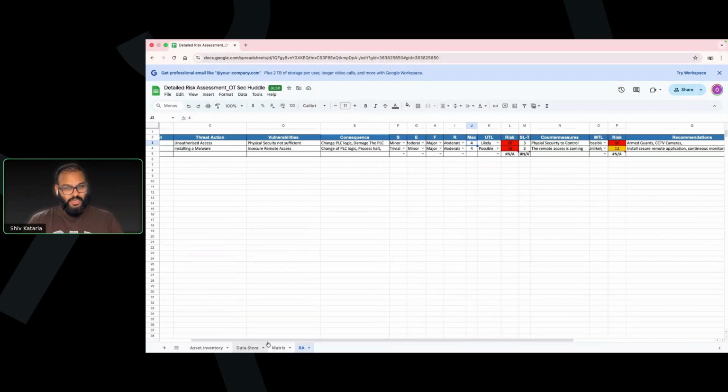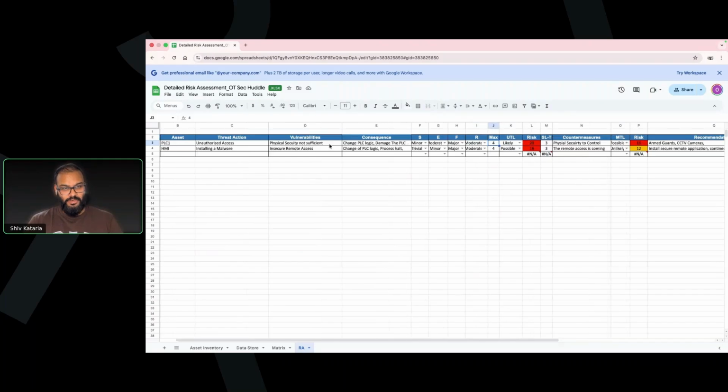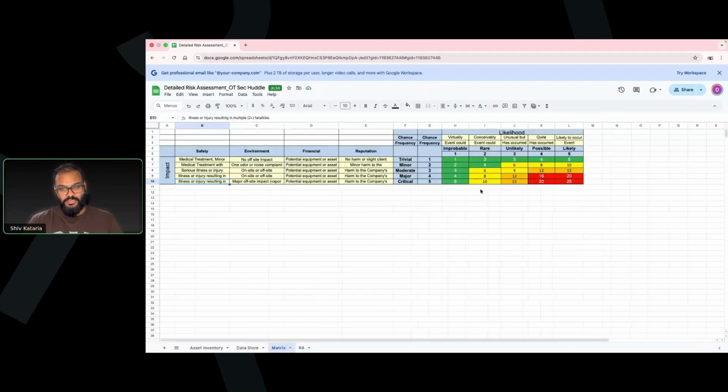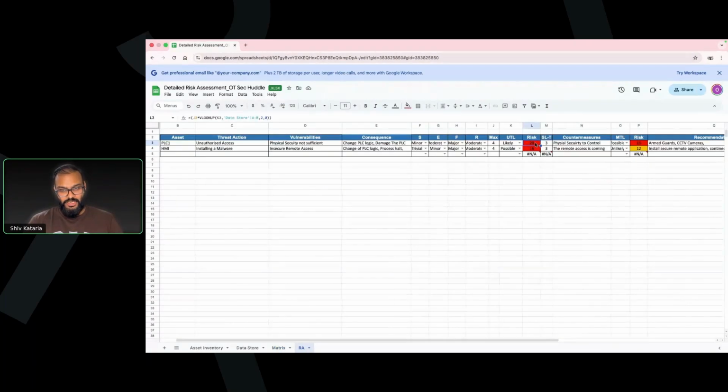There is also a method to calculate that, but if you don't have physical security available, then there is a very high chance that somebody can actually access your PLC. So we have considered it as likely, which in this case has a rating of 5. So 5 is your likelihood. Your impact here is 4, and you multiply that, you get 20, which is your risk here.